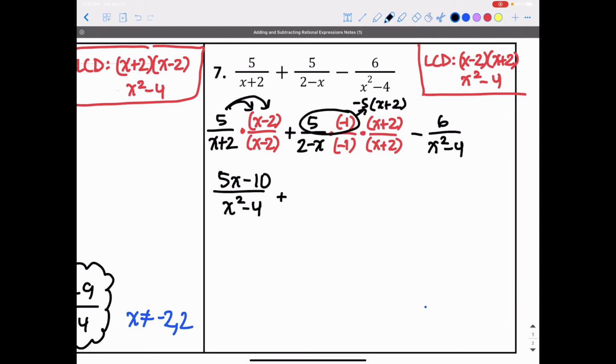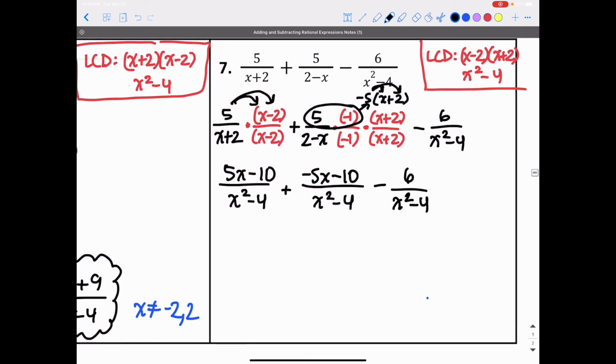So negative 5 times x is negative 5x. Negative 5 times 2 is negative 10. All over x squared minus 4, minus 6 over x squared minus 4. I'm going to collect all of this. So I have 5x minus 10 minus 5x minus 10 minus 6 all over x squared minus 4.